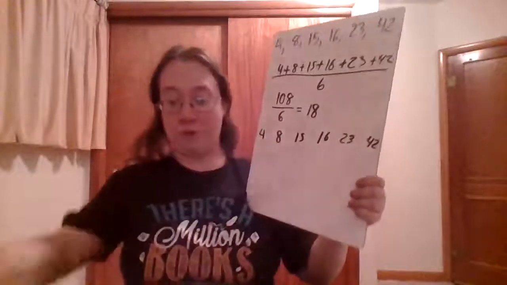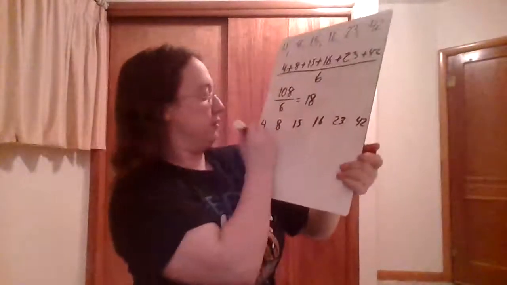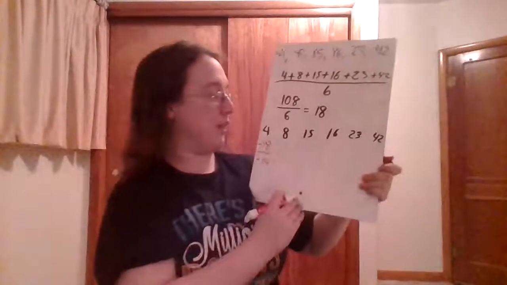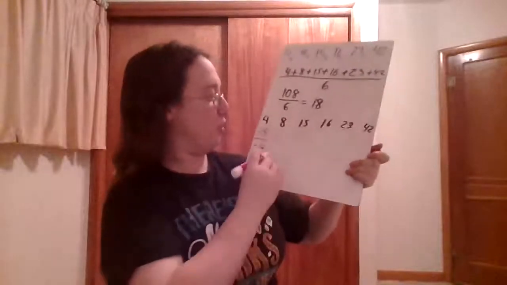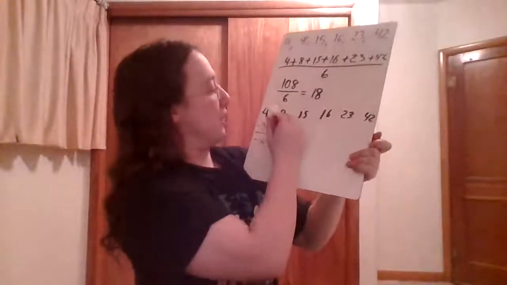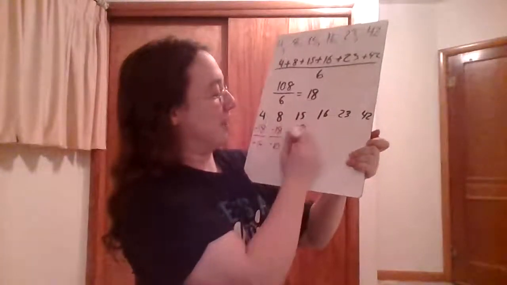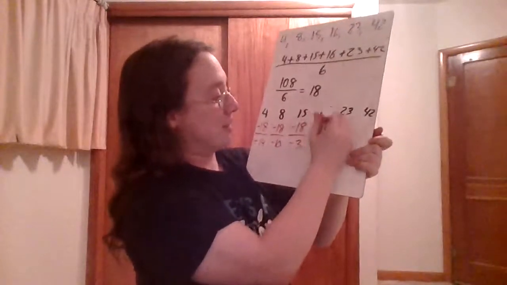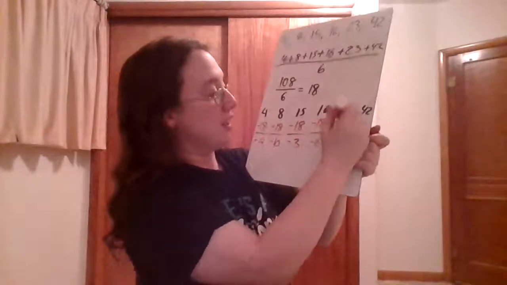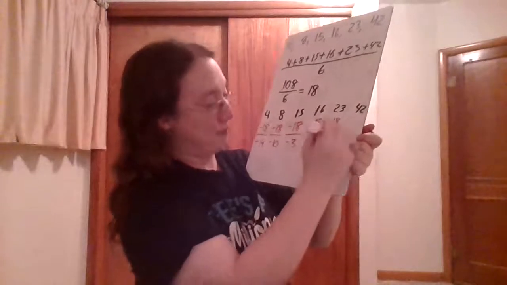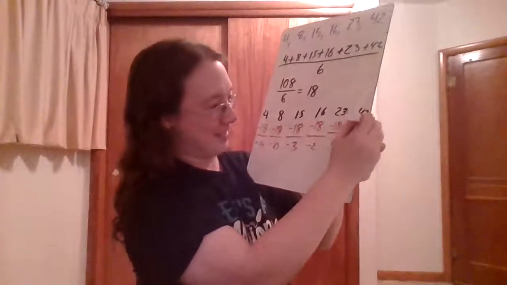So if I go 4 minus 18, I get a negative 14. But we want the absolute value of those anyway, so we're just going to ignore those negatives. So if I subtract 18, I've got a negative 10. If I subtract 18, I've got a negative 3. If I subtract 18, I've got a negative 2. If I subtract 18, I've got a positive 5 this time. And if I subtract 18, I've got 24.